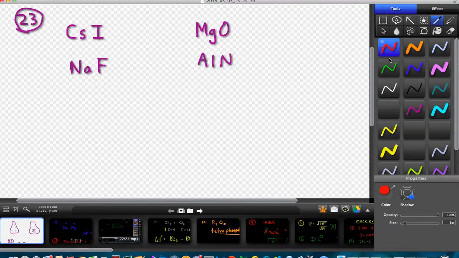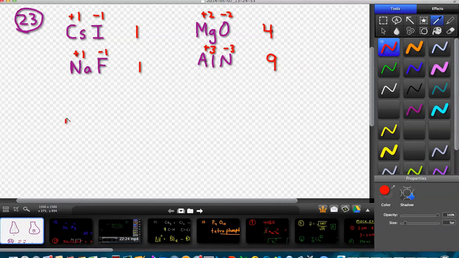First thing, we want to look at our ions and charges. Cesium +1, iodide -1. If we take the absolute value of the product of these charges, we get a value of 1. Sodium +1, fluoride -1, we'll also get a value of 1. Magnesium and oxide, +2 and -2, so the product will be 4. Aluminum and nitride, the product will be 9.